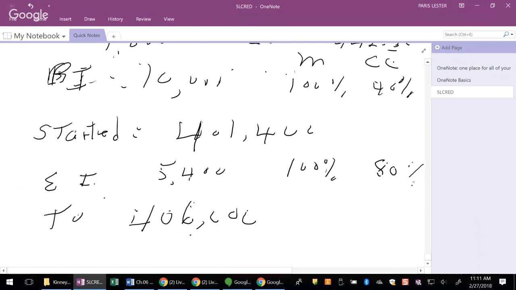Do the weighted average method and do the FIFO method. There are two different answers for materials and conversion costs.